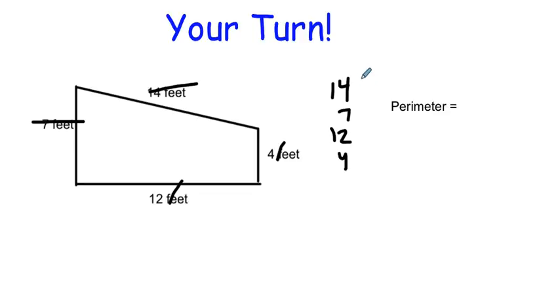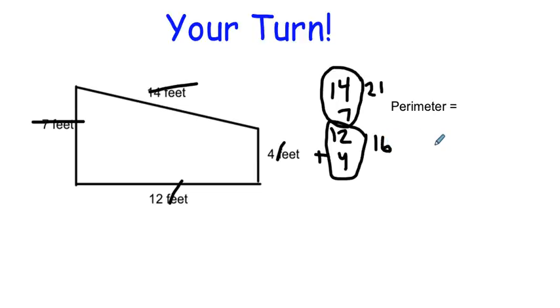So 14 plus 7 is 21, and then 12 plus 4 is 16. So now I can add those up, and I have 6 plus 1 is 7, 2 plus 1 is 3. So your answer should have been 37 feet.